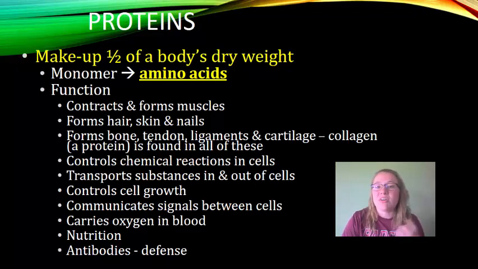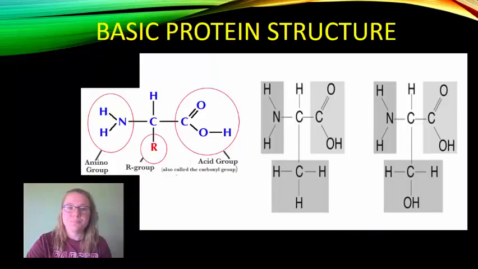Proteins also carry the oxygen in your blood, so that way your cells are able to stay alive and to breathe, so to speak. And proteins also help to fight off infection in your body. In fact, proteins make up the antibodies, which provide that defense, so that way your cells are able to fight off anything that might be trying to make them sick.